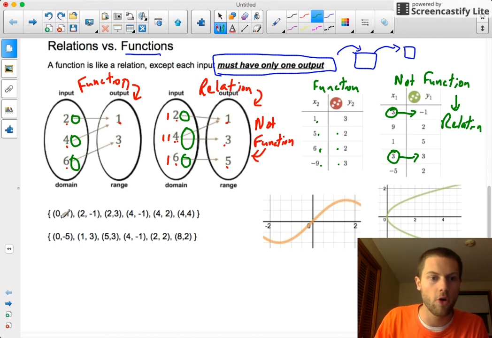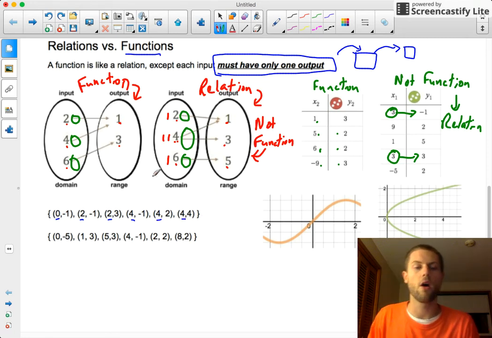Next, let's move over to our ordered pairs. And with our ordered pairs, again, it's kind of like with the table here, we're going to look at our inputs. So I've got a 0, a 2, a 2, a 4, a 4, and a 4.